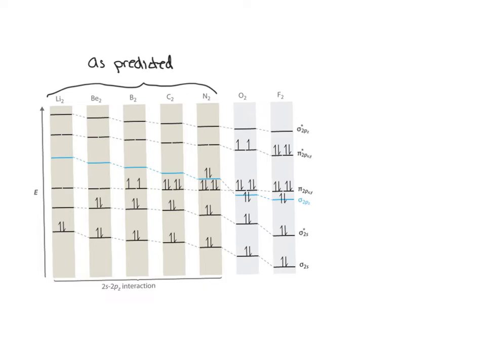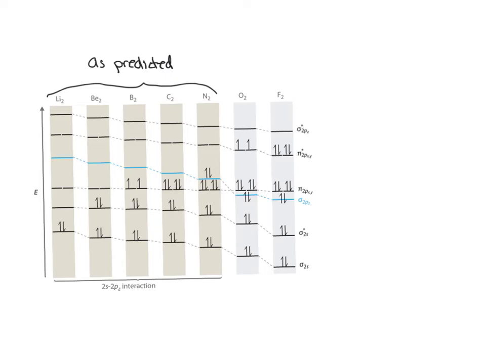So we can see that as we go across the periodic table, that 2pz orbital gets lower and lower, which indicates that we're mixing in more and more of this 2s orbital into the 2pz. Notice that the antibonding does the same thing because we've mixed this 2s orbital into this to make the antibonding orbitals as well.